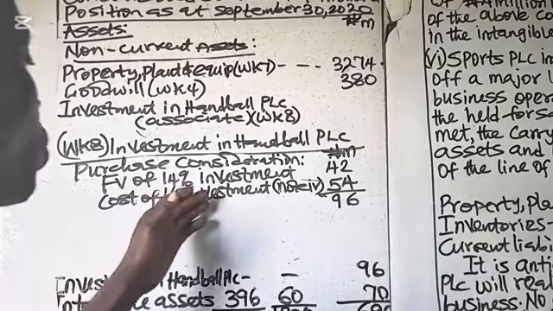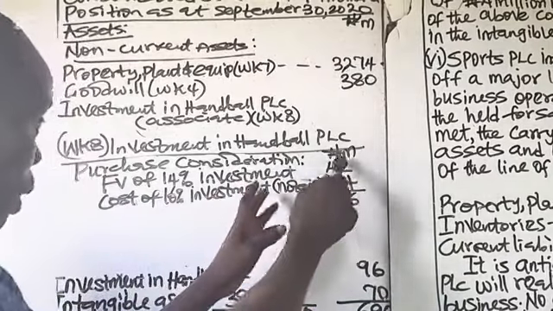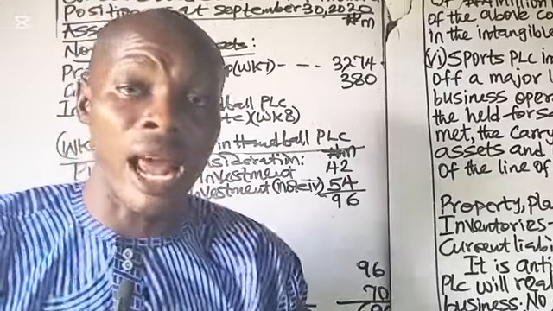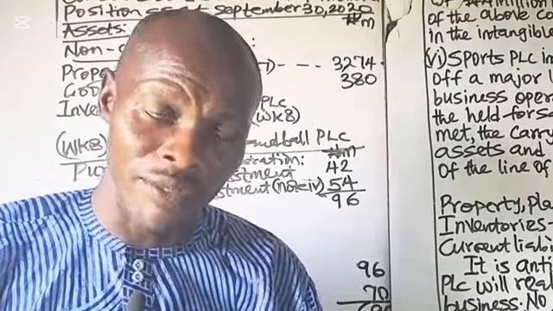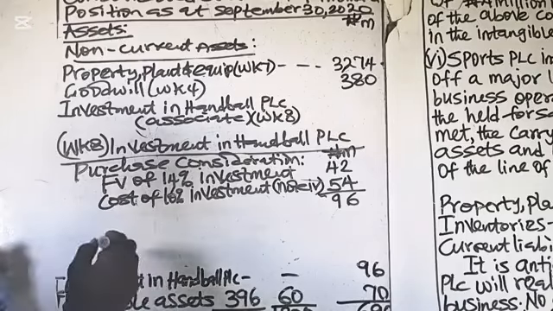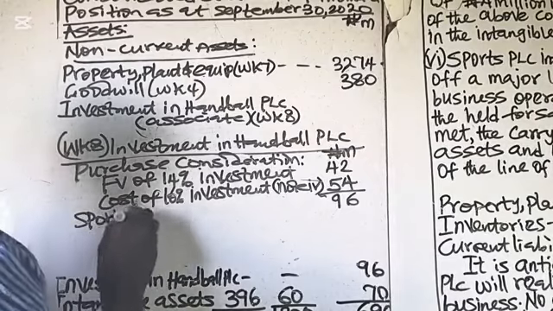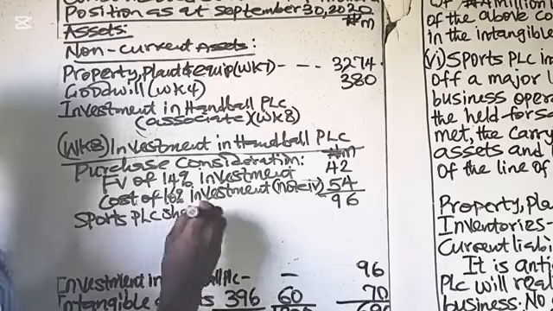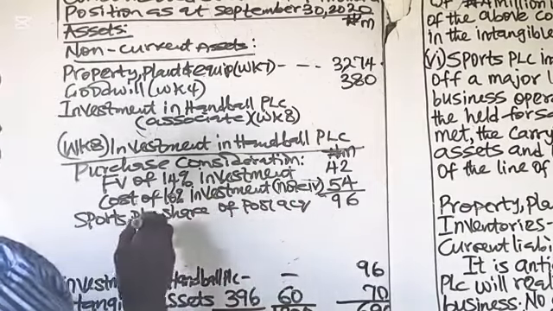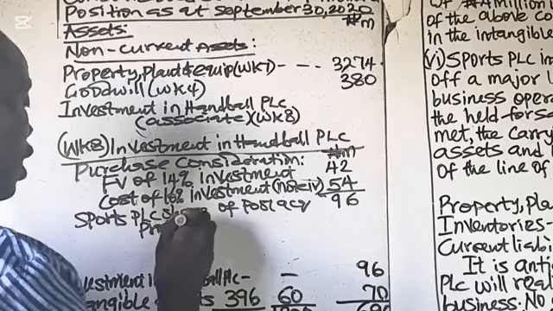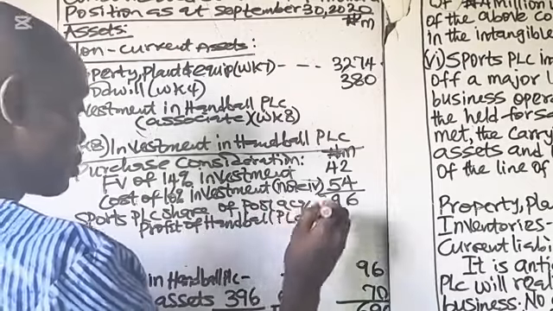Now, in accordance with the equity accounting method, investment will be recognized at cost, which is what we have done here, and adjusted thereafter for the investor's share of the post-acquisition profit of the investee. So that means we will have Sports PLC's share of post-acquisition profit of Handball PLC.